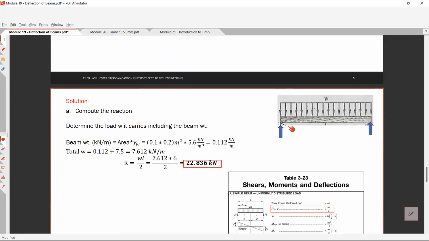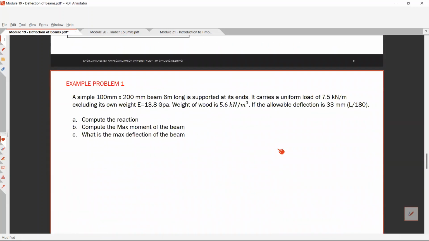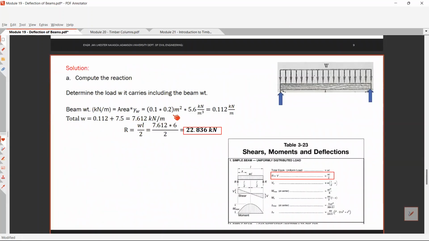So therefore, the load omega that our beam carries, including the beam weight, is equivalent to the beam weight in kilonewton per meter plus the service dead loads. So finding the beam weight, we have the area times the unit weight. So area times the unit weight, you have 0.112 kilonewton per meter. So you can easily add them since the same sila ng unit. So you have 7.612 kilonewton per meter. So ito yung total weight na kinikerry nito.